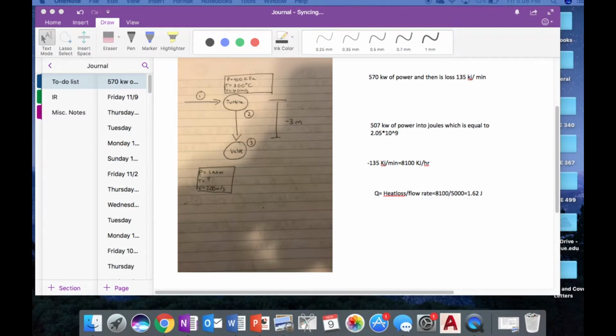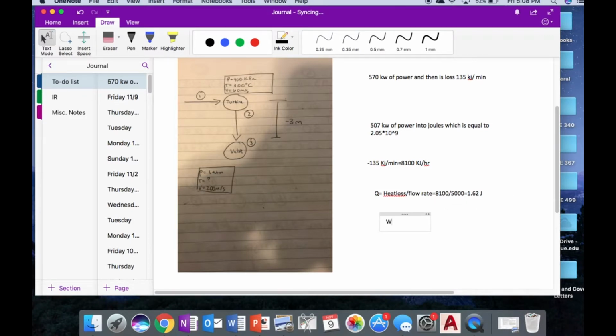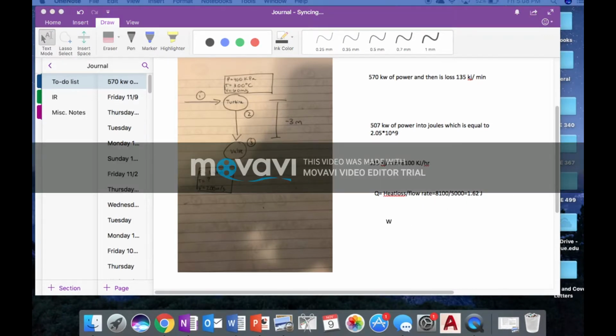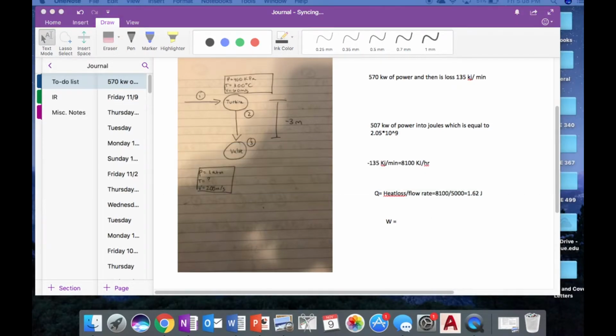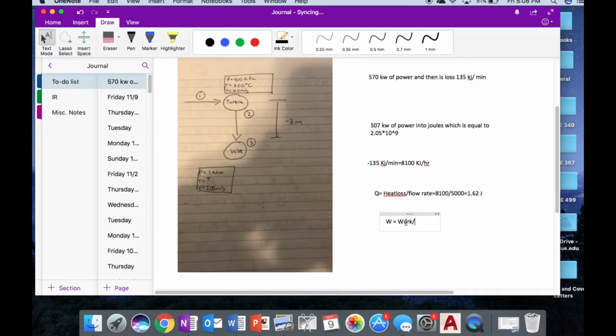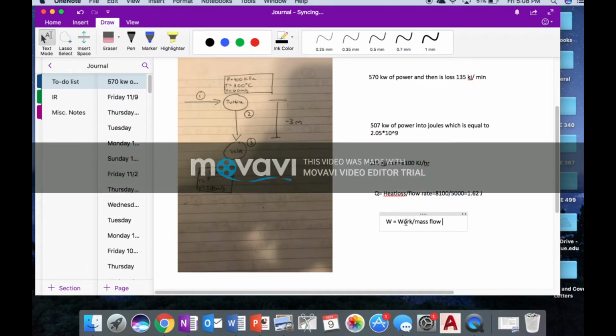With that, I will now calculate the work, which right here we do. Hold on, sorry. We will be calculating the work of the system. So how much power is produced divided by that mass flow rate is how my partner explained the process to me.